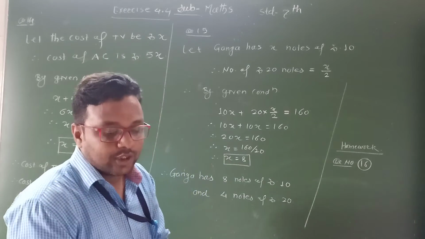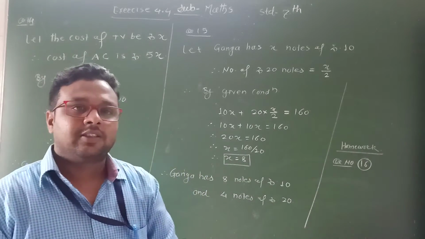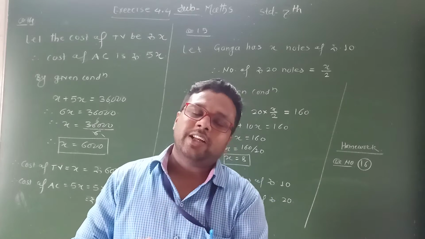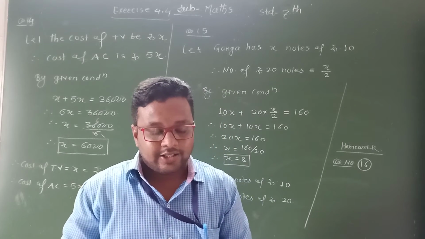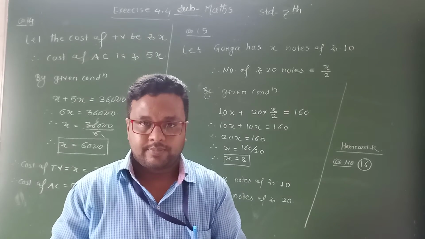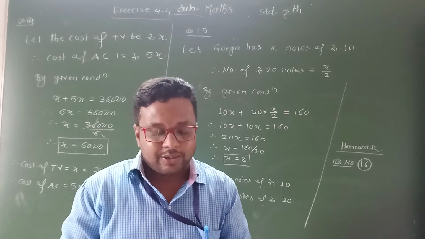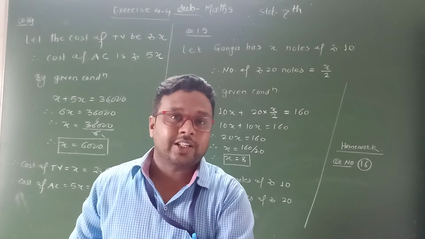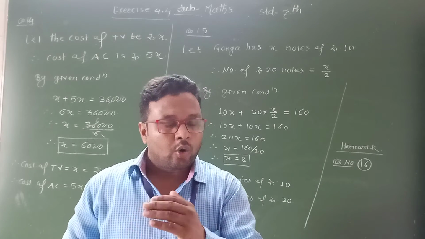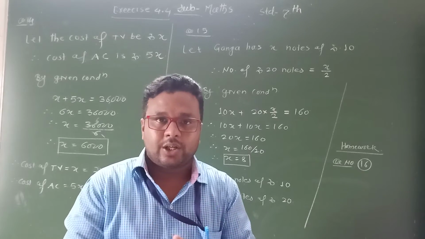Now see in this question, Ganga has some notes of rupees 10 and rupees 20, and she has in total 160 rupees. The relation between the number of 10 rupees notes and 20 rupees notes is given. According to that we have to put the equation.